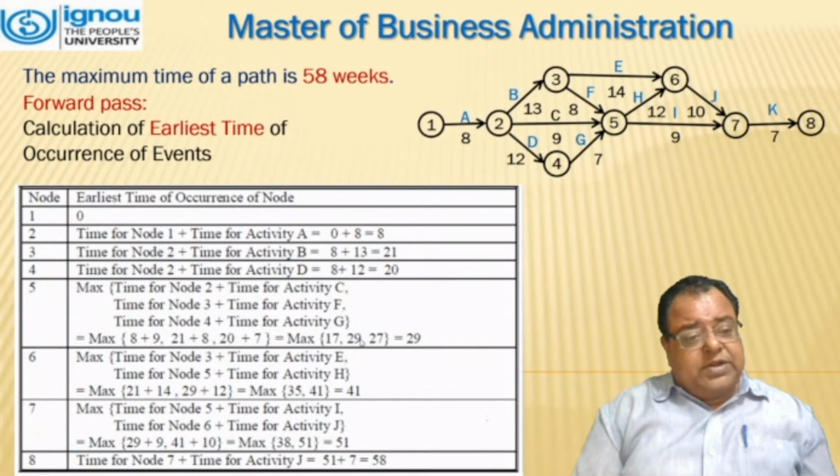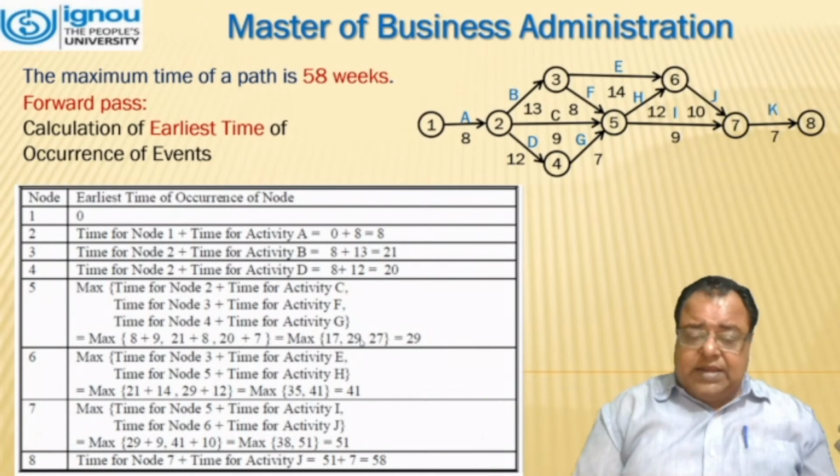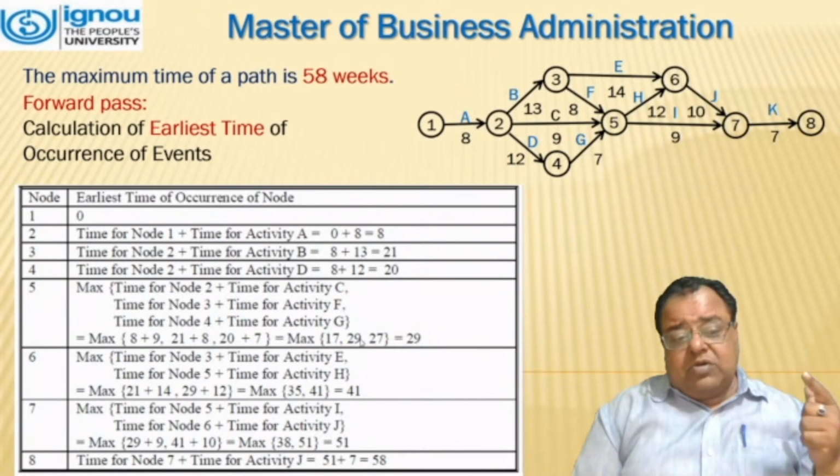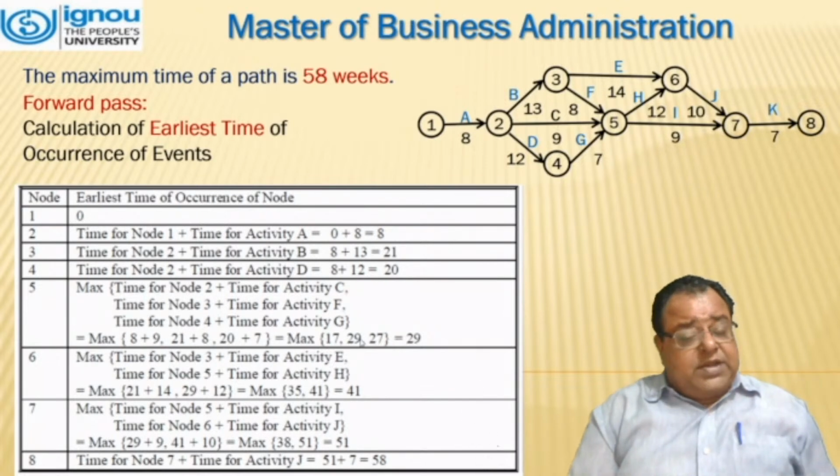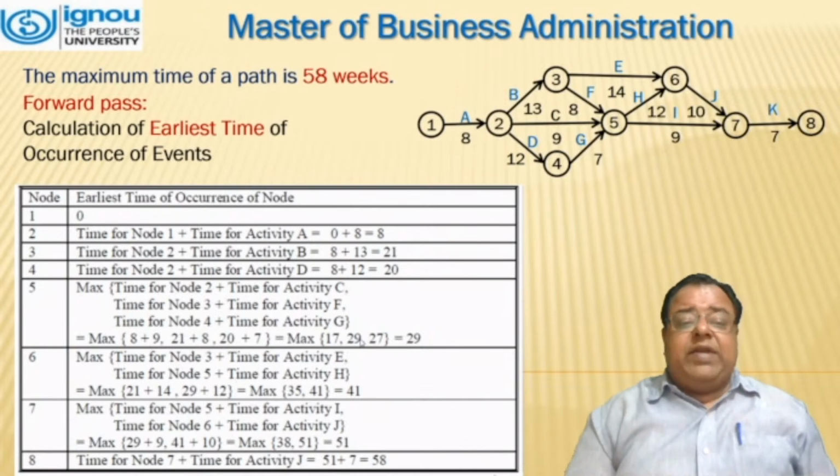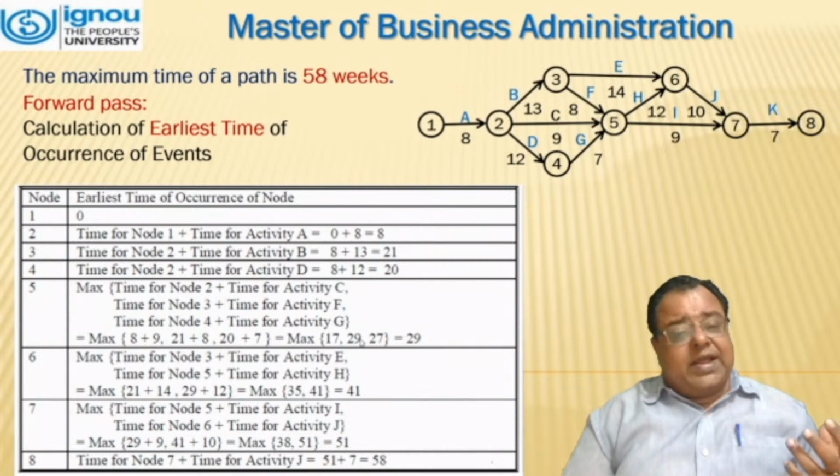From node 1, it is 0, as it was told earlier that the initial time will be 0. Node 2 is basically time of node 1 plus the activity time of A, that is 0 plus 8. That means we can say that when we have reached node 2, we have completed 8 weeks time.